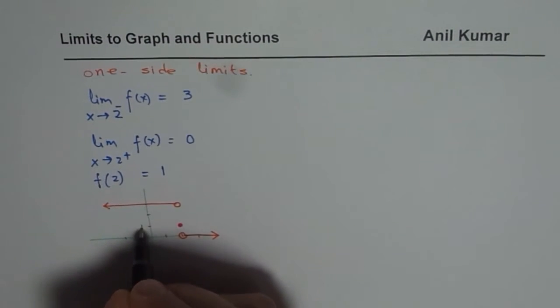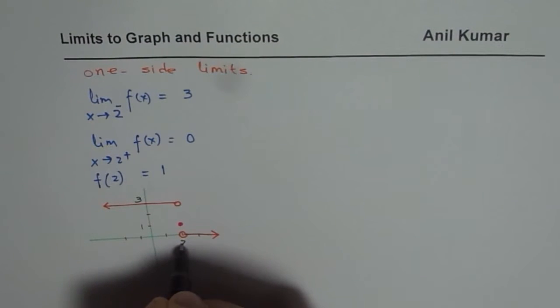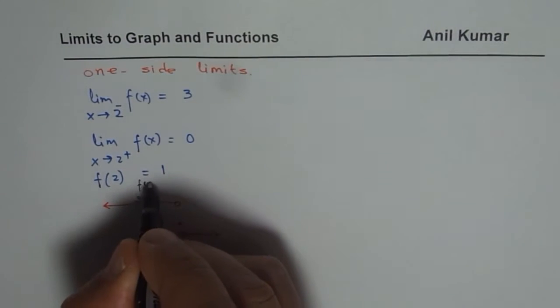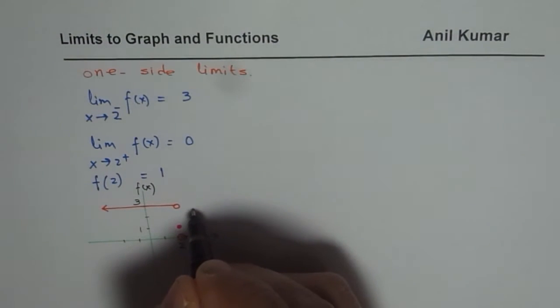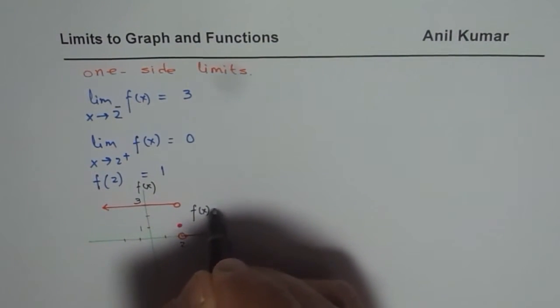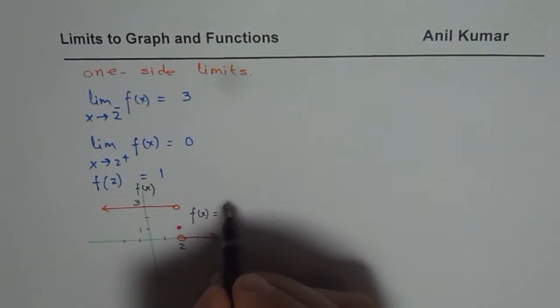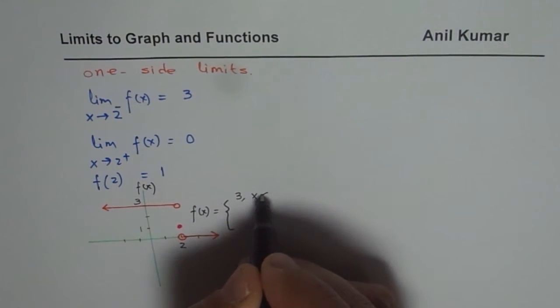There could be more than one graph to represent the same situation. Correct. Let me label it now. So that is how it is, and we're talking about the function f of x. Once you have your graph, you can actually define it. So let me define it now. So we can say f of x is equal to, so we'll make it 3 pieces, correct? The first piece is equal to 3 when x is less than 2.